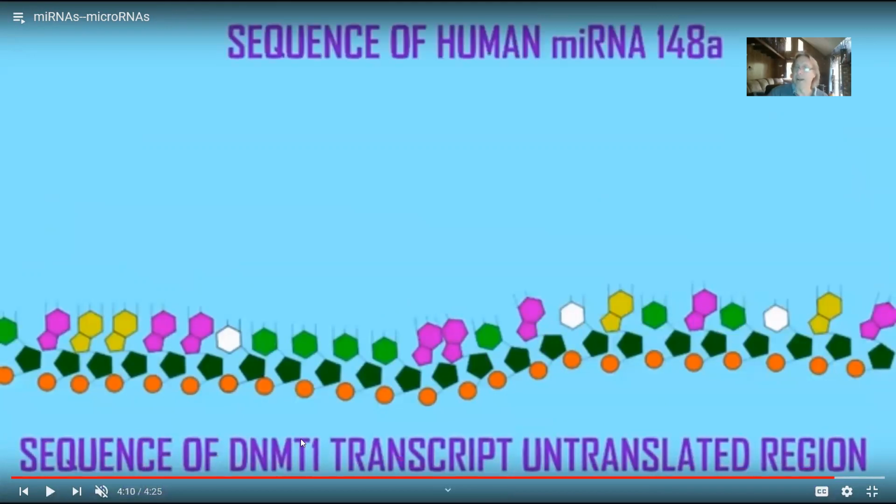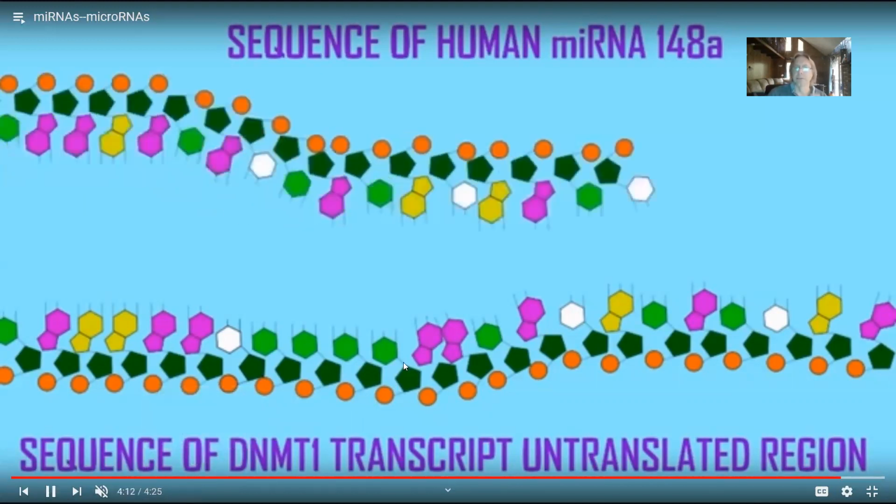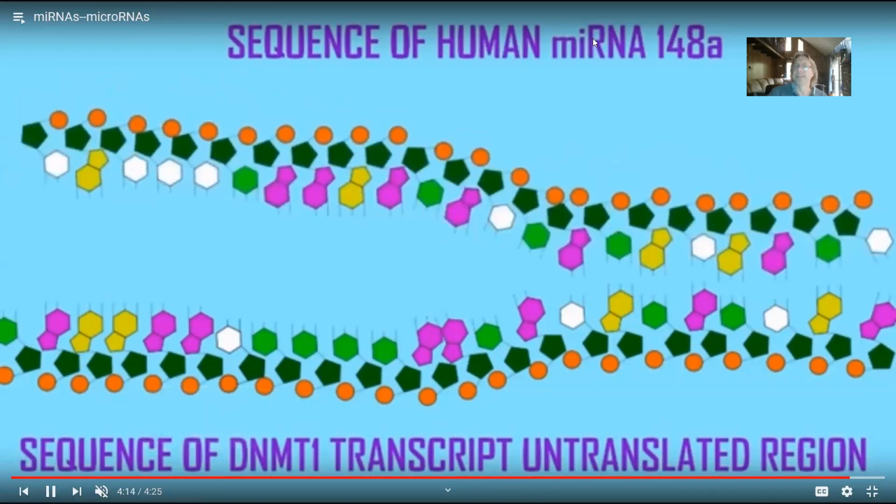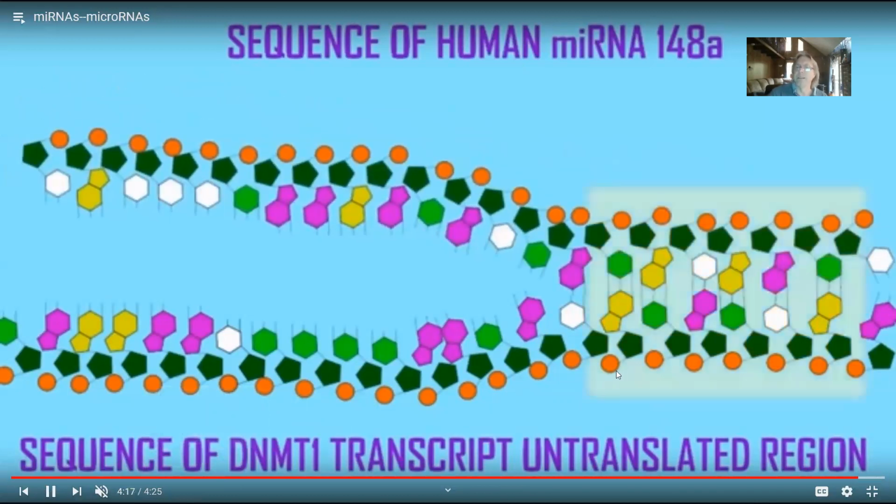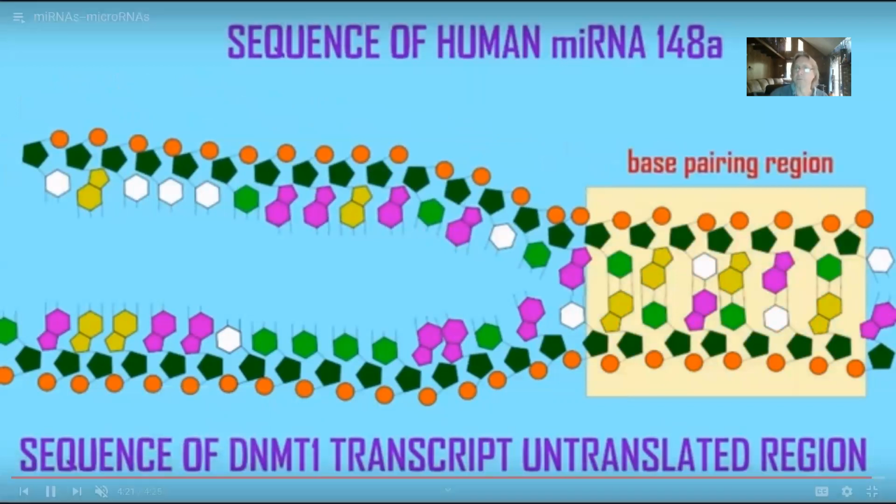So when we talk about epigenetics later, the degree of methylation which we employ can be varied, because here is an enzyme, or the transcript for an enzyme, which is a DNA methyltransferase. But this microRNA can then bind to it and target it for inactivation or destruction.